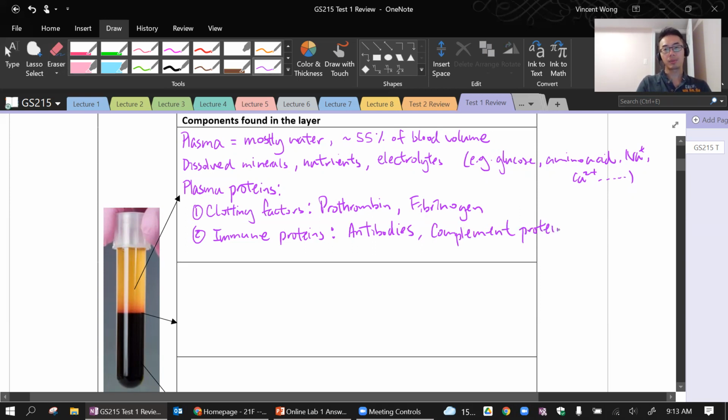Okay. And there are other signaling proteins that are important for the immune system. Okay? So these are the main stuff that you will find in your plasma.